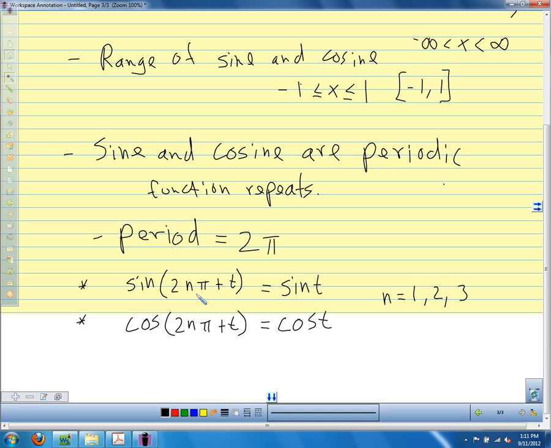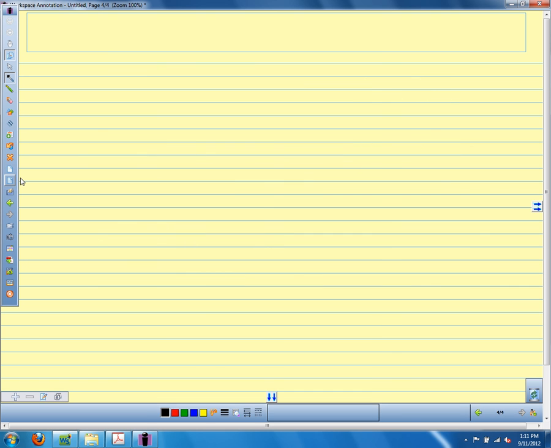One other thing that I want to make about the sine and cosine function, then we'll do an example, and then we're done. Other important facts about the sine and the cosine functions are that they're even and odd. One is even and one is odd.